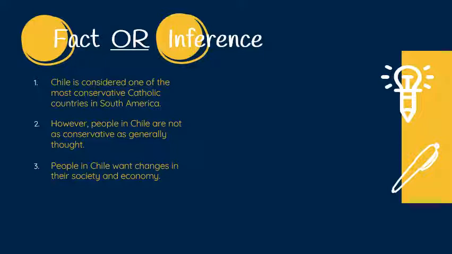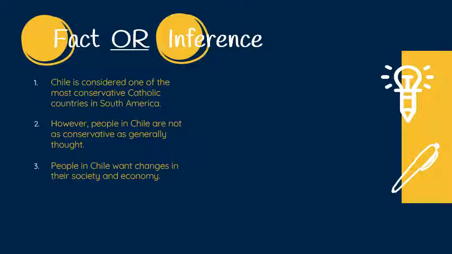So what is your answer for this first statement? Chile is considered one of the most conservative Catholic countries in South America. Well, what about this? Is it fact or inference?